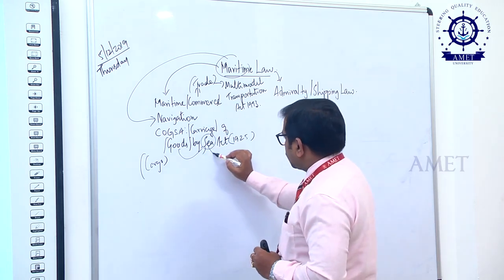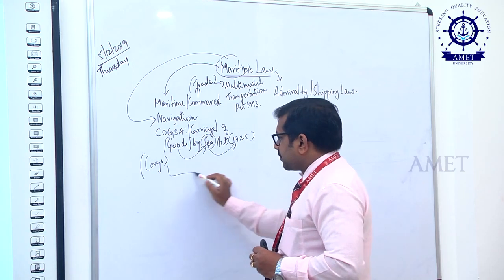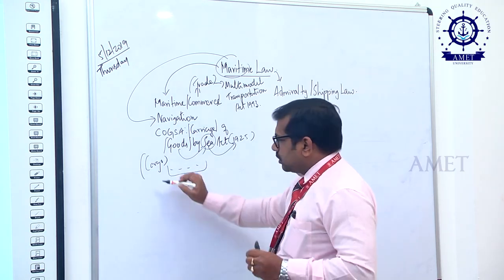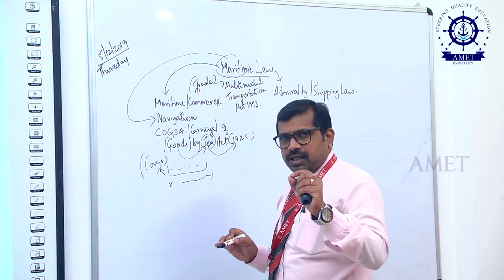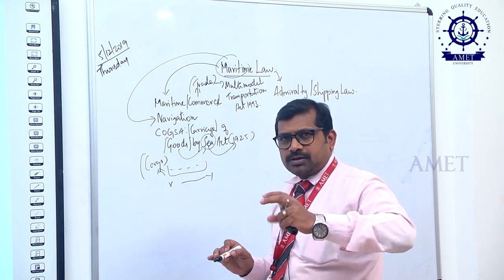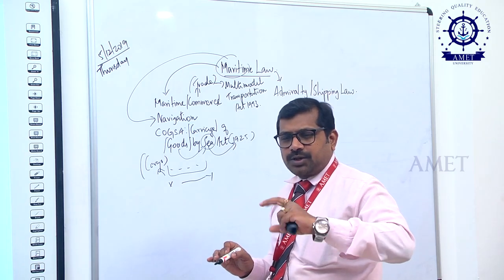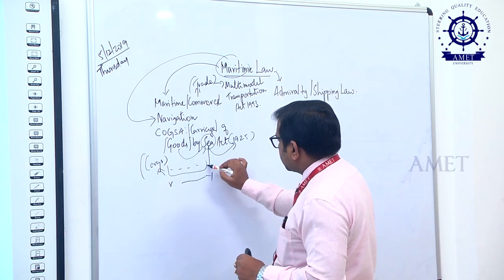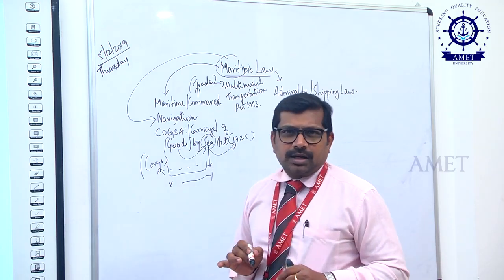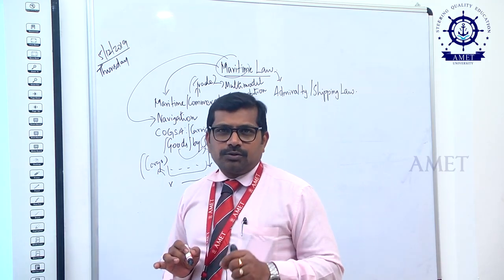For this sea transport, if anything happens to a vessel taking goods from X to Y during transportation, the Carriage of Goods by Sea Act 1925 may come into force.